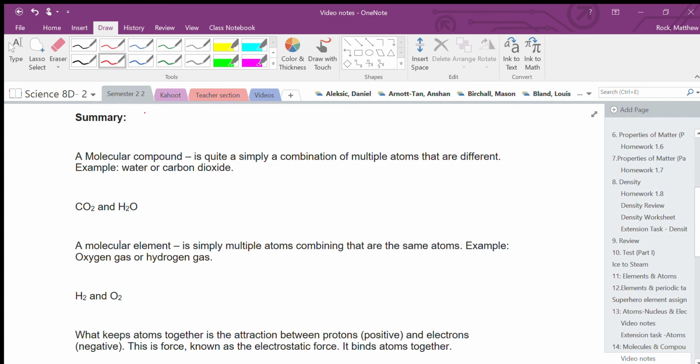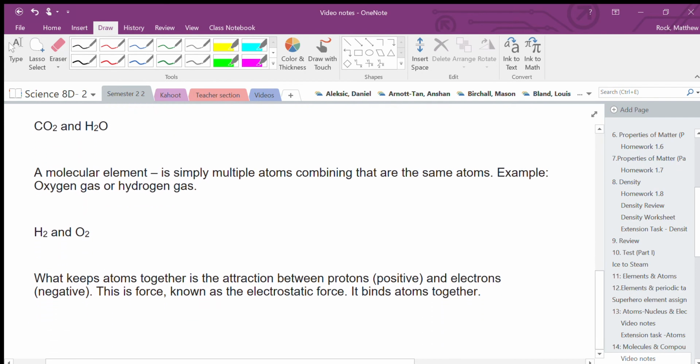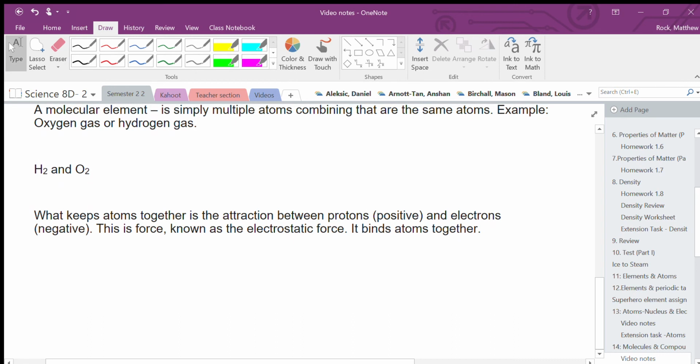So the last thing that we're going to have a look at today is what attracts or holds together atoms. Now, quite simply, at a Year 8 level, you do not need to understand the force or need to be able to explain the forces. Obviously, you have an understanding of what a force is.